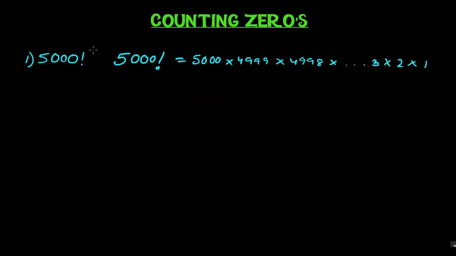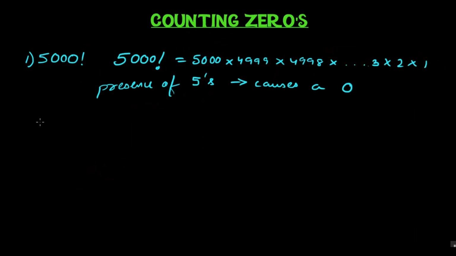Now it becomes really hard if you try to divide each and every number from here and try to find how many 5s are there, because zeros are always caused by 5s. The presence of 5s causes a 0 in the trailing end. Therefore, we will try to find out how many 5s are present.